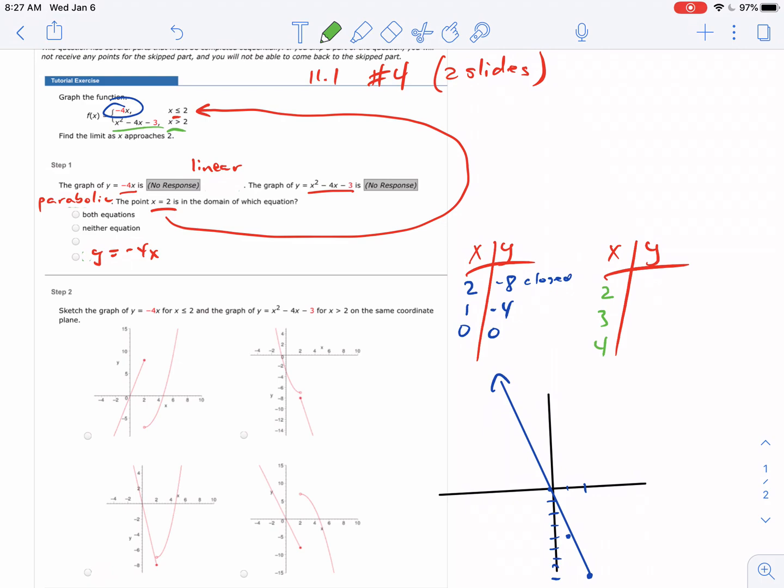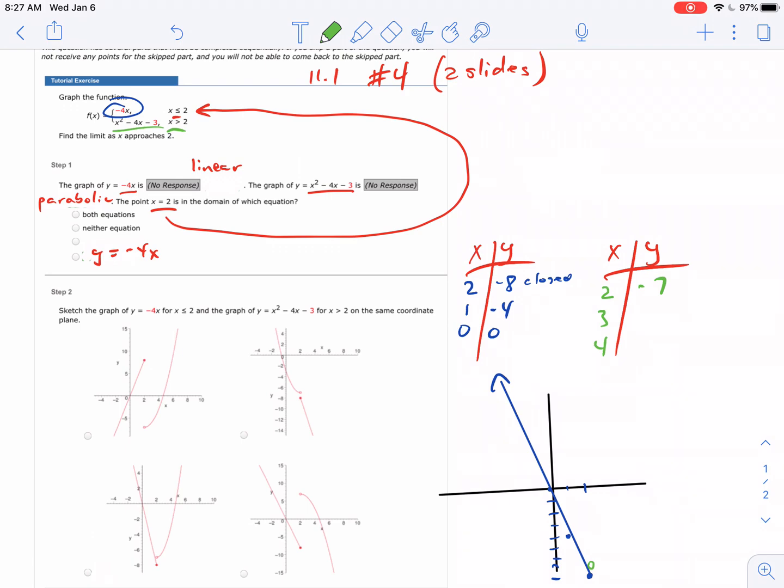And then I do 2 times negative 4, which would be negative 8. So that's a total of negative 4, minus 3 is negative 7. So when I'm at 2, I'm only down at 7. Now I should use an open dot for that one.